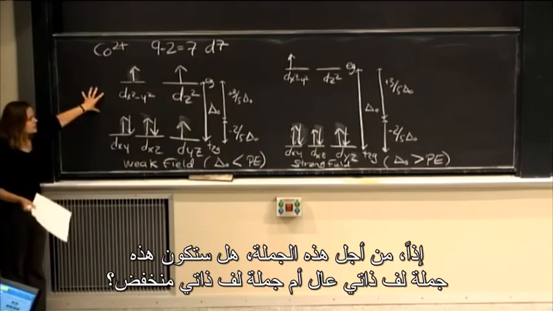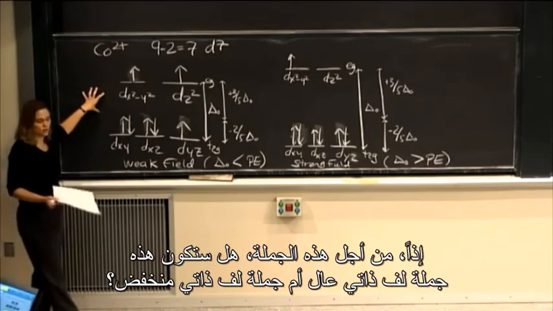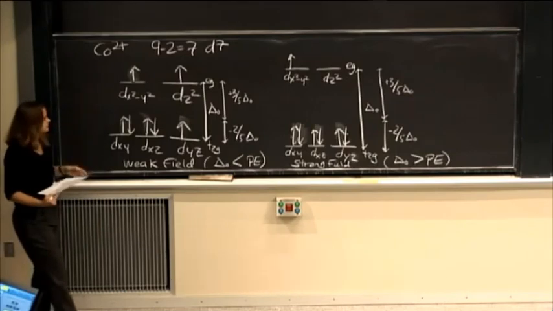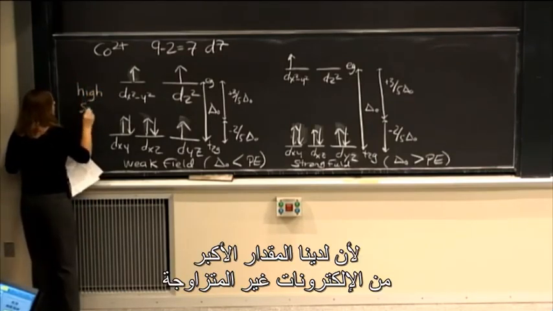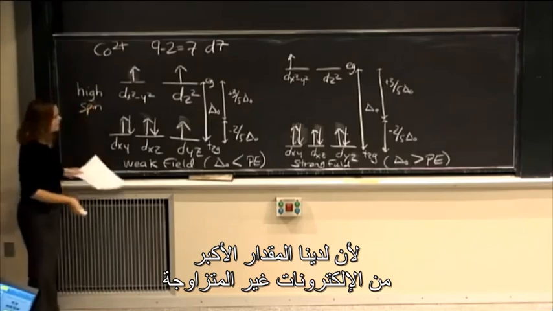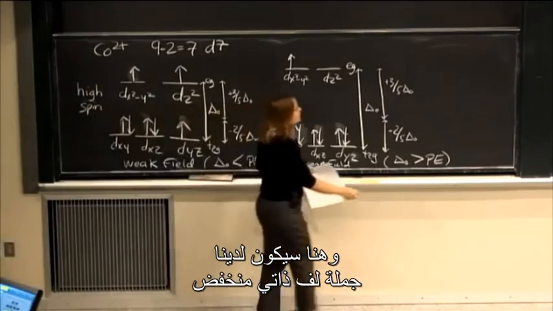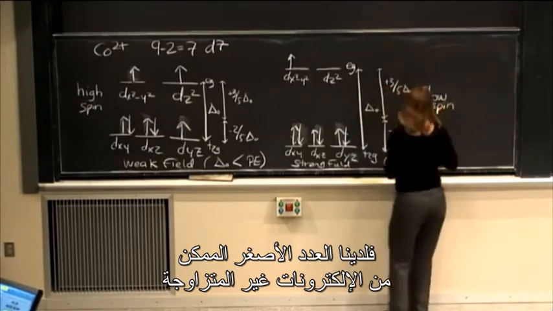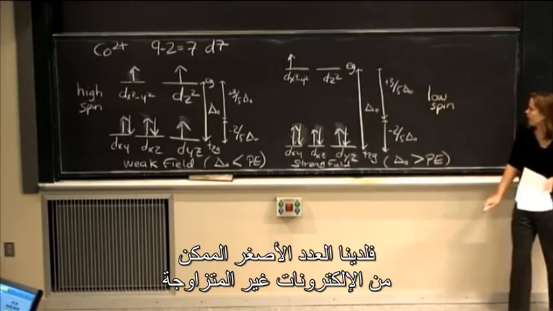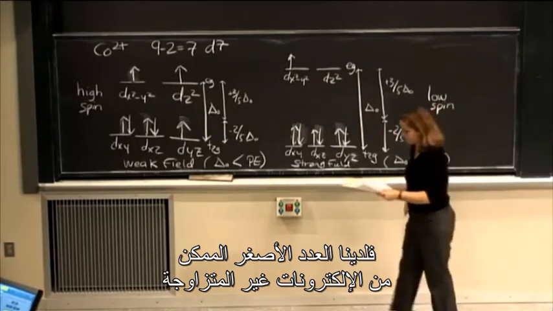So for this system, is this going to be a high spin or a low spin system? This will be high spin because we have the maximum amount of unpaired electrons. And over here, we're going to have a low spin system. We have the minimum number possible of unpaired electrons.